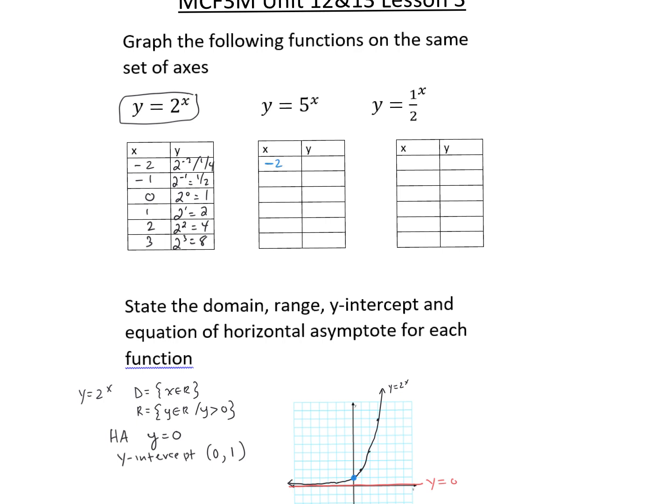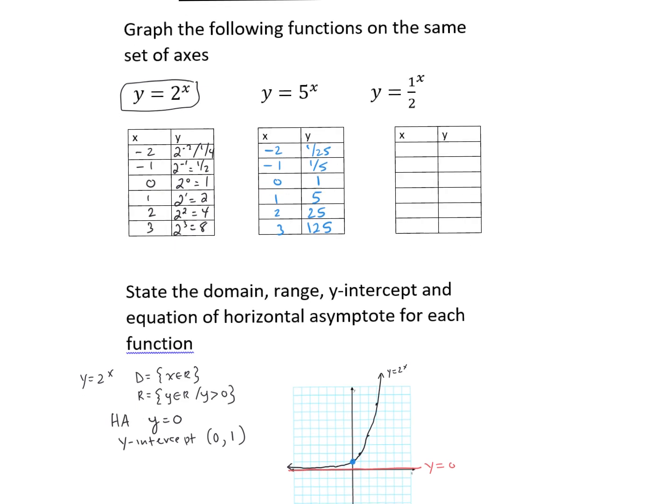Again, we're going to use the same x values. So we have 5 to the power 0 is 1, 5 to the power 1, 5 to the power 2, 5 to the power 3, 5 to the power negative 1, 5 to the power negative 2. So how does that change the graph?